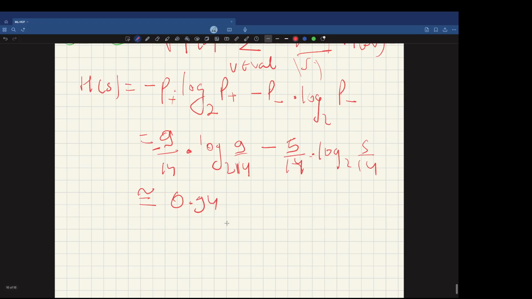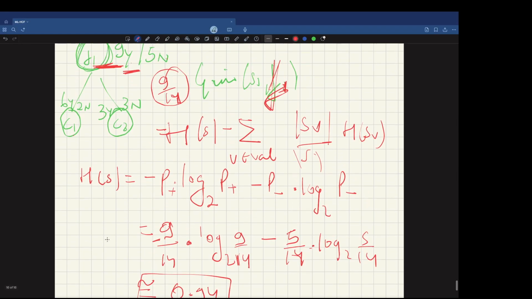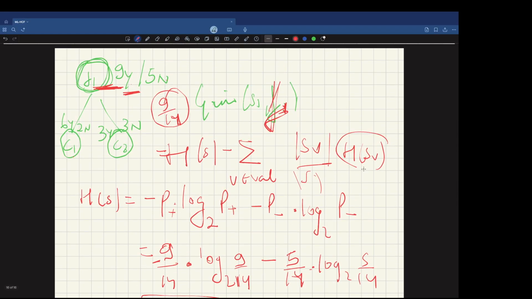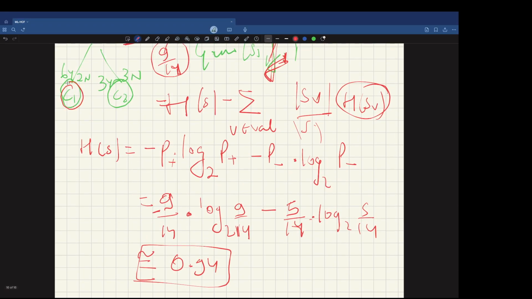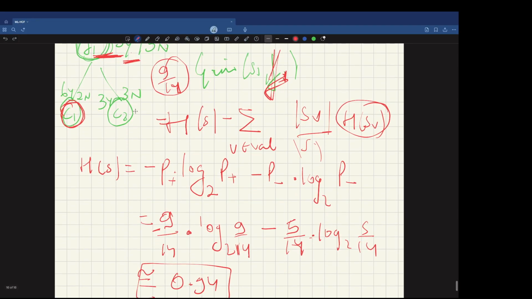So what's the point now? We got H of S, so we will put the value. But if you want H of S_v, how will you find it? We are talking about the particular values, C1 and C2. For that you have to find the entropy of C1 as well as the entropy of C2. Just use the basic formula. Why do we want C1 and C2?